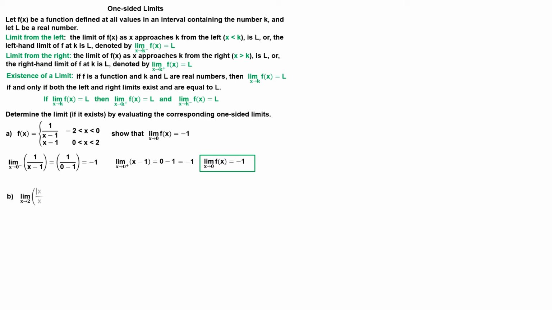Let's see how to evaluate the limit of an absolute value function. We begin by rewriting the absolute value as a piecewise function. We now evaluate the one-sided limits. As x approaches 2 from the left, f is approaching the value of -1.